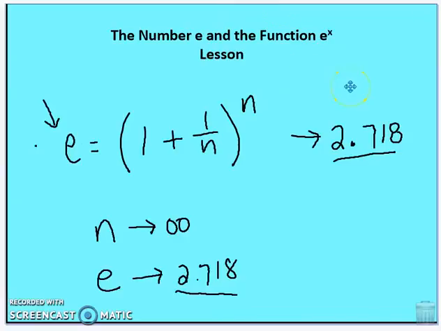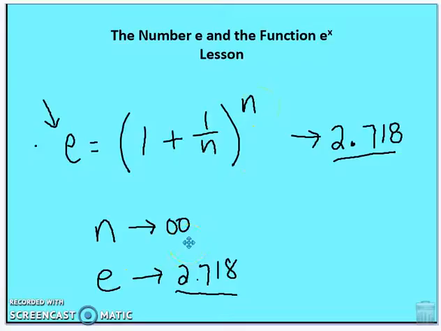Now let's talk about a gentleman by the name of Leonardo Euler, who is a Swiss-German mathematician in the 18th century. He was just kind of doodling around with some numbers, and he asked himself, what happens if we take 1 plus 1 over n, to the power of n, as n goes to infinity?